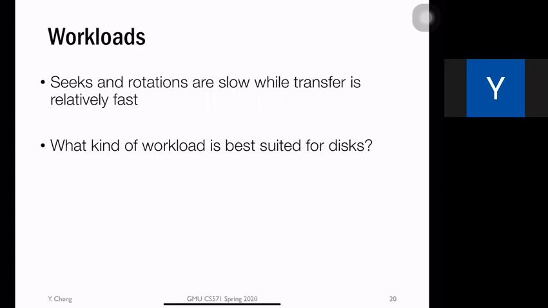So the fundamental question to ask over here is, what kind of workload is best suited for a hard disk drive, for a mechanical, magnetic hard disk drive?